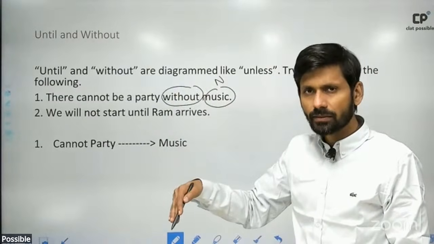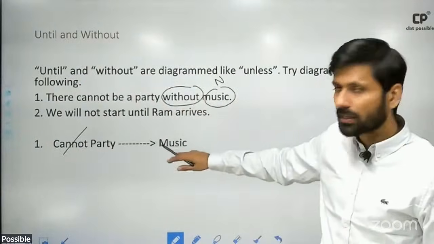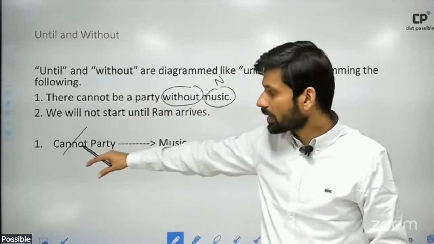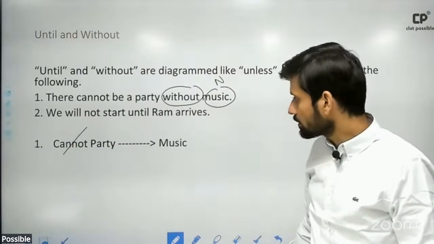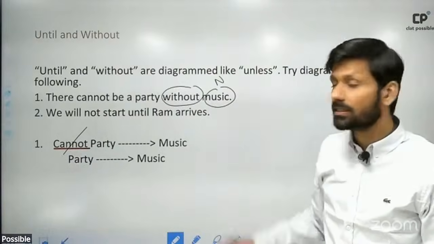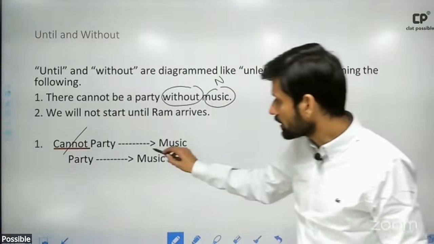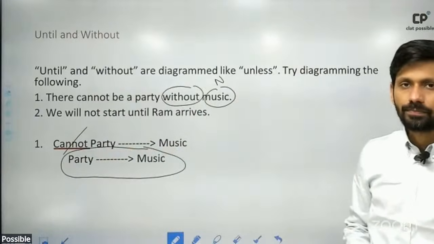Not partying, partying, right? So cannot will go. So music will come on the necessary side, the remaining part will come on the sufficient side, but we negate it to make sense of the statement so that the diagram is consistent with the actual meaning of the statement. So this becomes the diagram. Music is necessary for party.